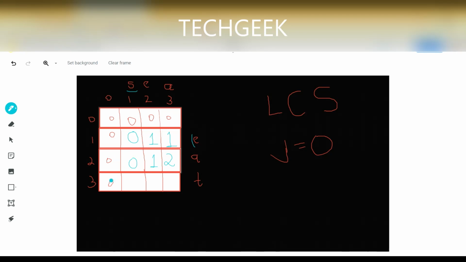No. Again, maximum of 0 and 0 is again 0. Then talking about E and T, are they equal? No. Maximum is again 1. A and T, are they equal? No. Maximum of 2 and 1 is again 2.